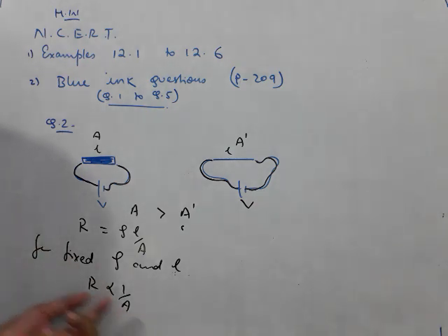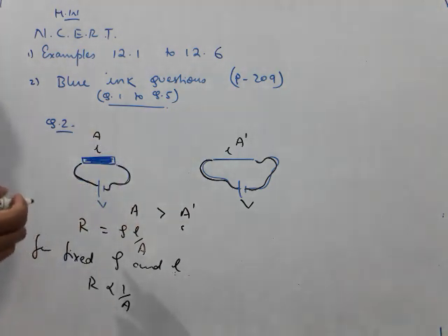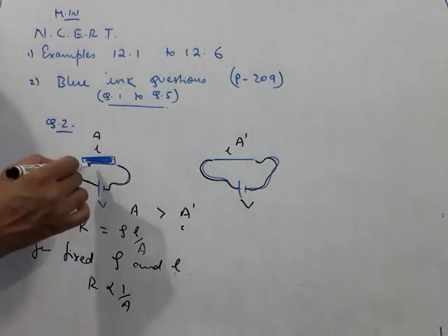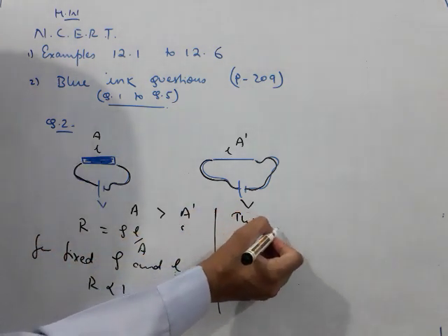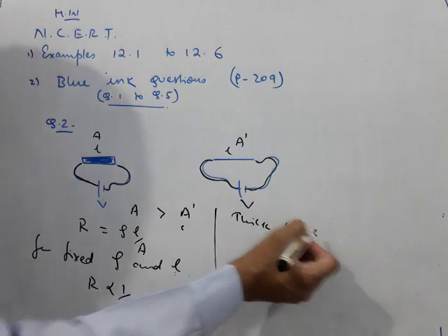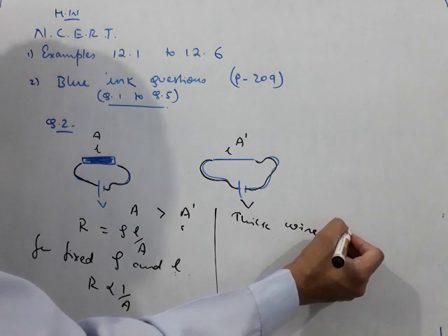So if A is more, R will be less, and so on. Out of these two, which will have less resistance? This one. This implies the thick wire, because its A is more, R will be less.